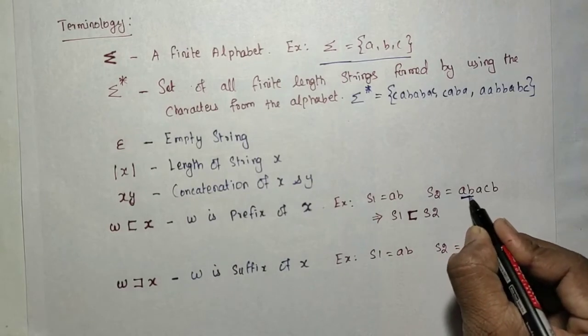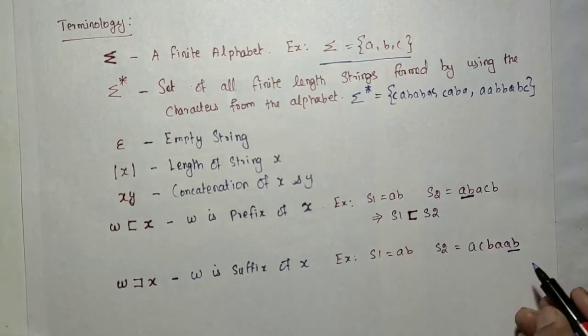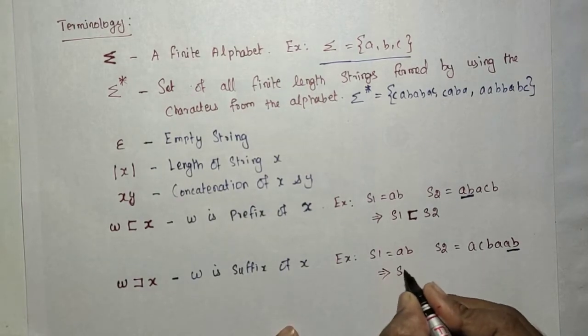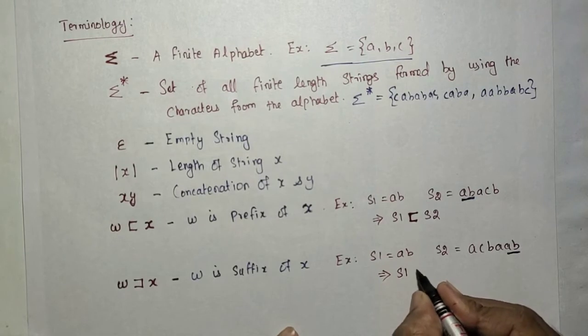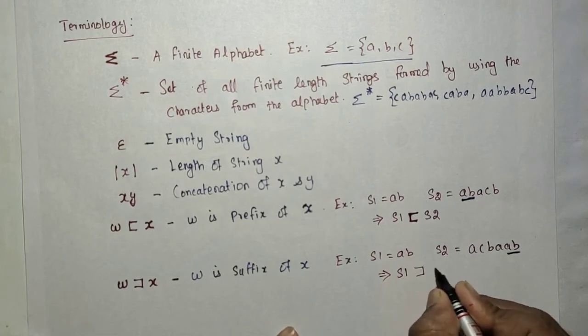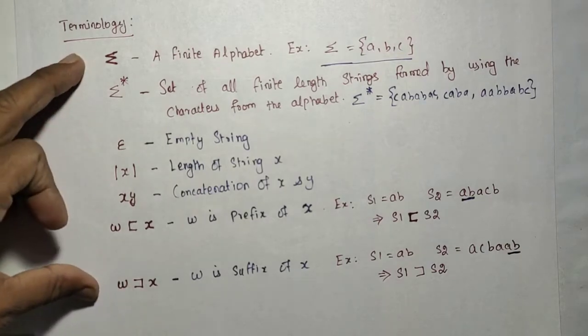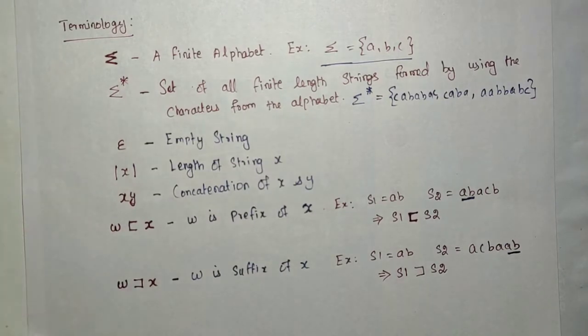The first two characters are matching S1 in one case, and here the last two characters are S1. So we can say that S1 is the suffix of S2. These are some terms we are going to use in the algorithm concept.